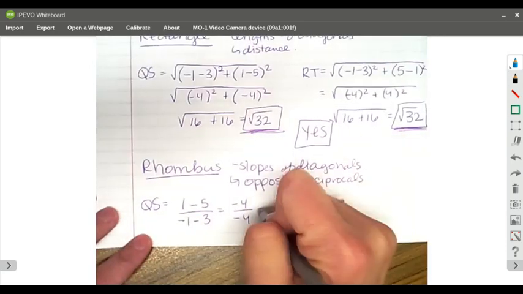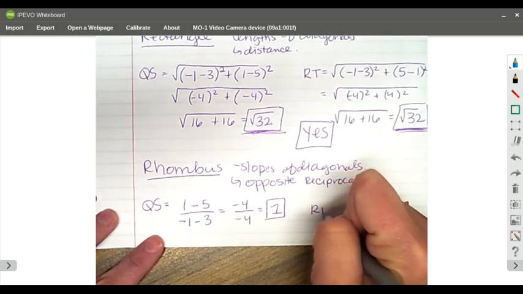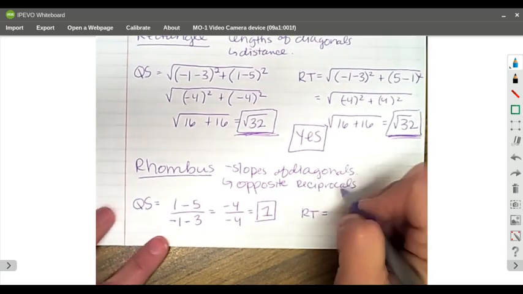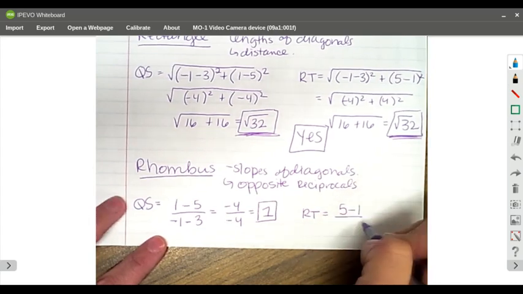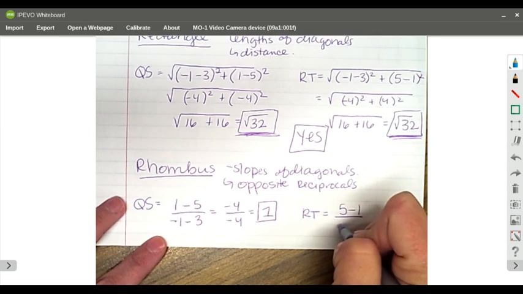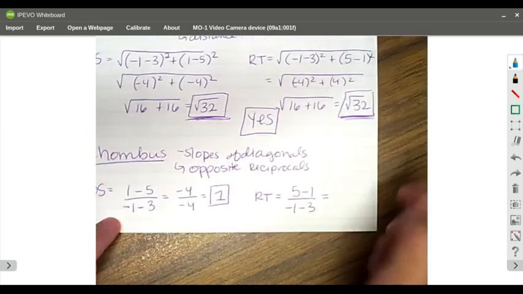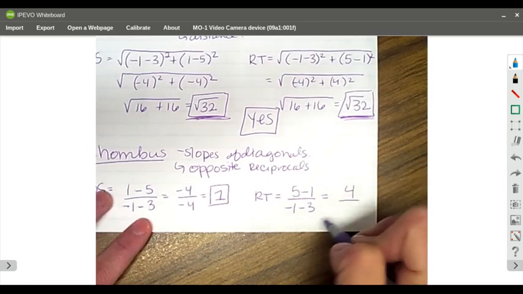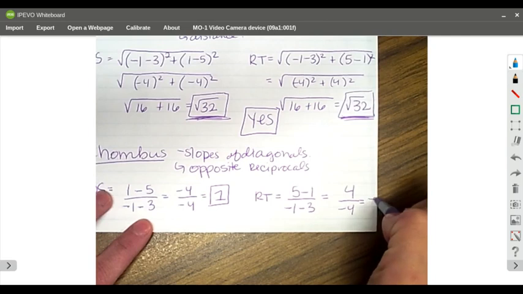Negative 4 over negative 4 would be positive 1. RT, y2 minus y1, so 5 minus 1, over x2 minus x1, negative 1 minus 3. 5 minus 1 is positive 4. Negative 1 minus 3 is negative 4, which is negative 1.